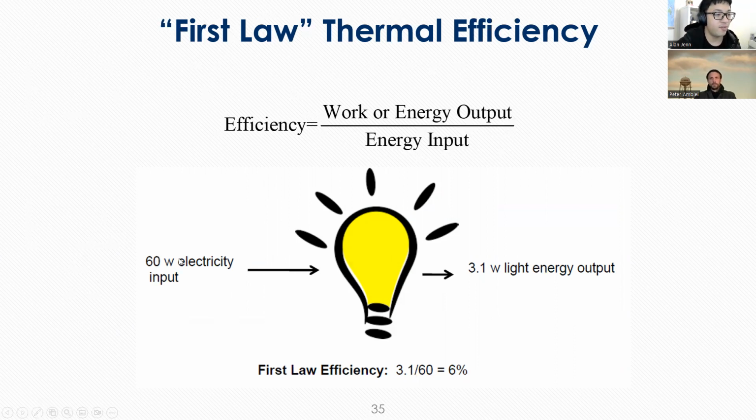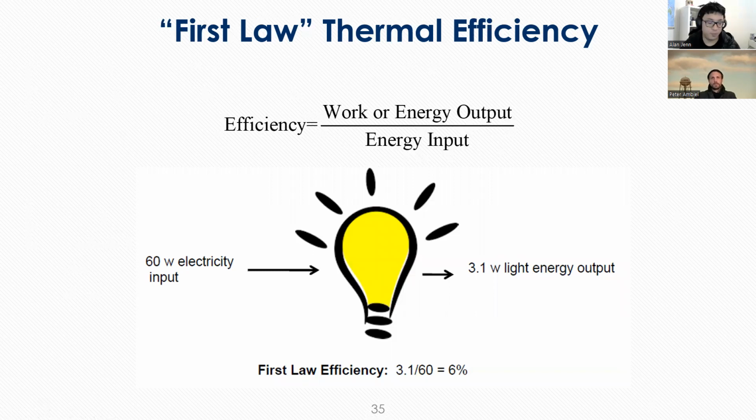So if you have 60 watts of electricity input, right, and then you have a 3.1 watt energy output, so this would be common, for example, for an old incandescent light bulb, right? You can see that the efficiency of this light bulb is only 6%, so 3.1 divided by 60.